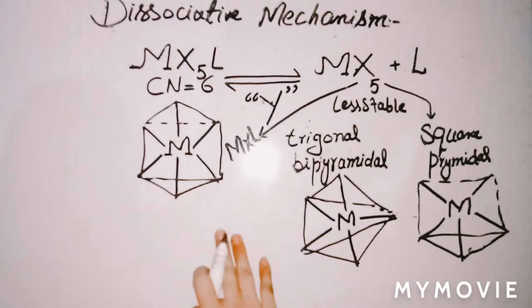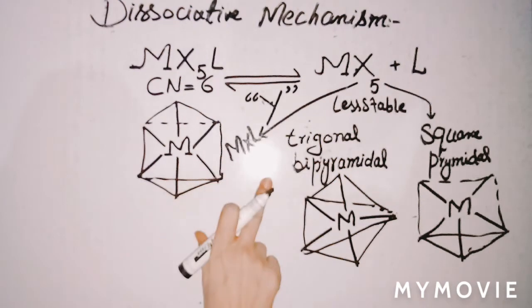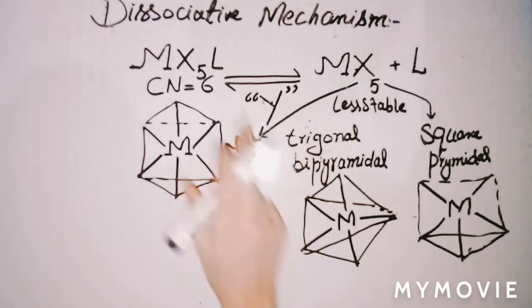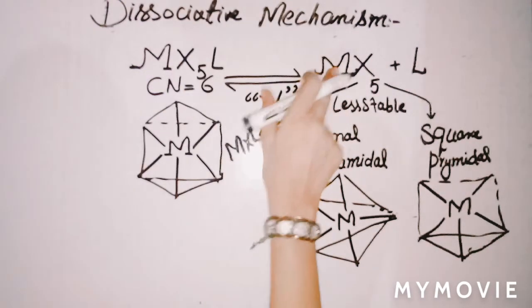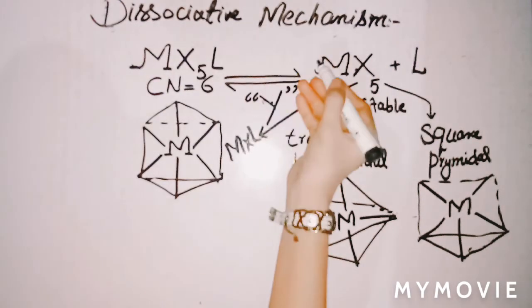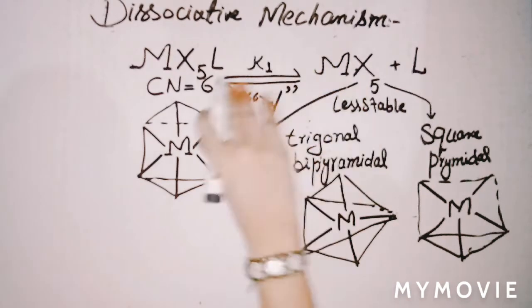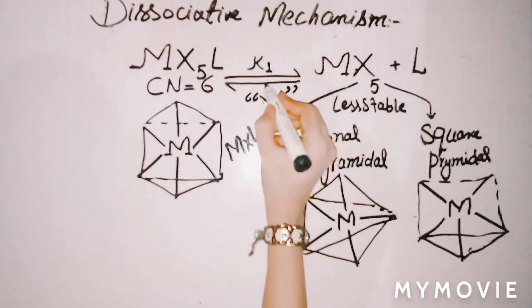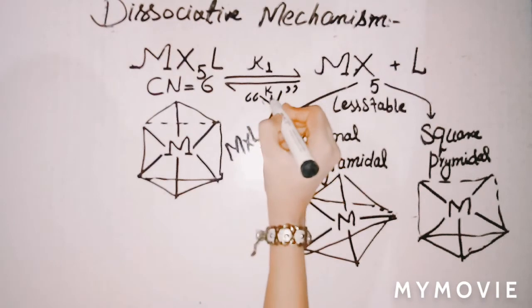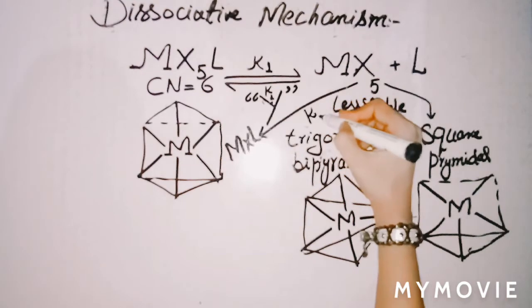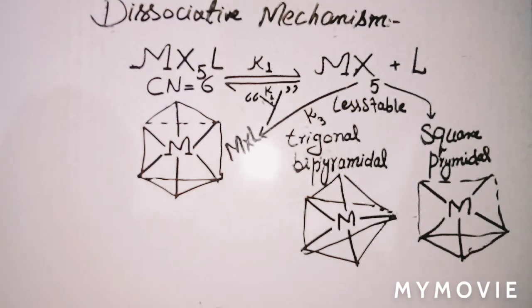So actually this type of reaction will occur in 3 steps. The first step is the formation of the intermediate. In the first step, the rate constant will be K1, and in the second step it is a reversible reaction, so the rate constant value is equal to K2, and in the third step the rate constant value is equal to K3.